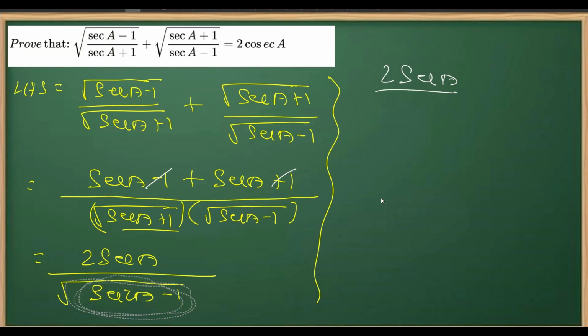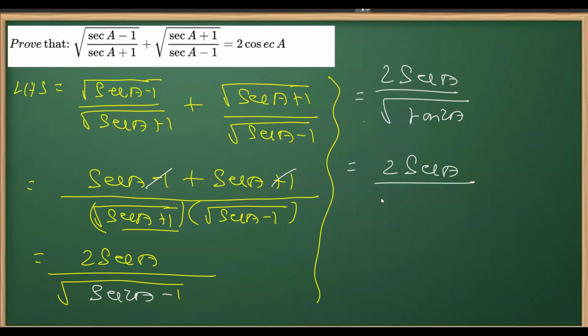What is sec square A minus 1? It is tan square A. So this is 2 sec A over under root tan square A, and under root of tan square A is tan A.